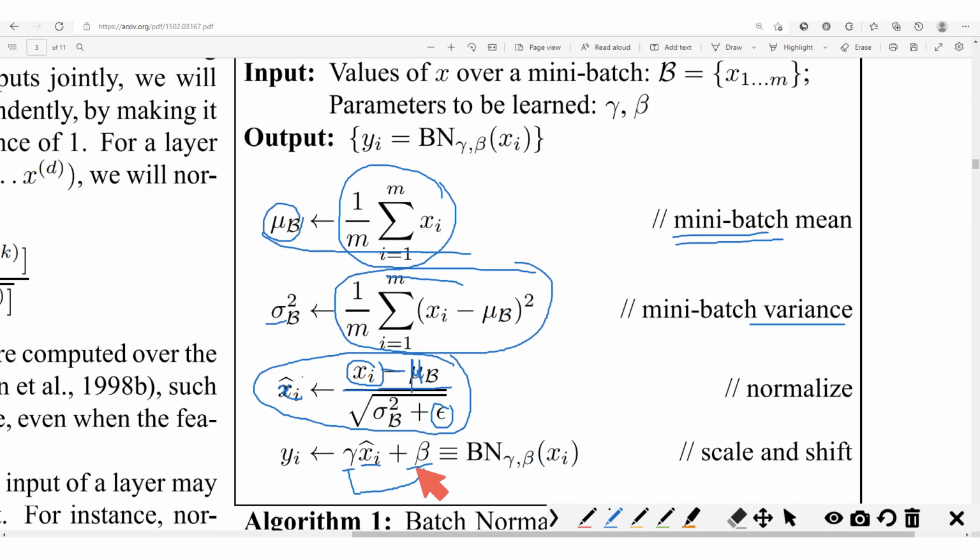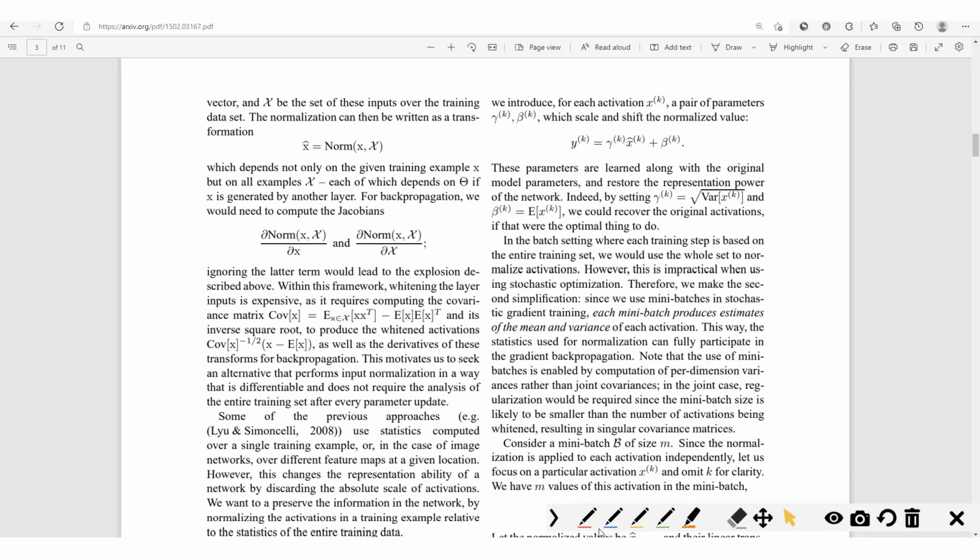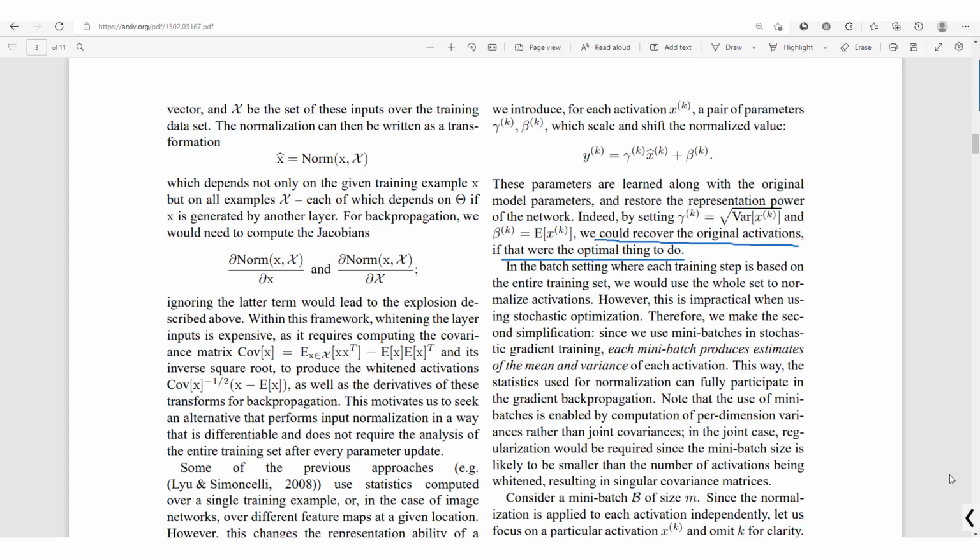The role of gamma and beta is to scale and shift, and these parameters are learned along with the original model parameters and restore the representation power of the network. And so when we set gamma to be the square root of the variance and beta to be the expectation, or the mean of x, then we could recover the original activations if that were the optimal thing to do.